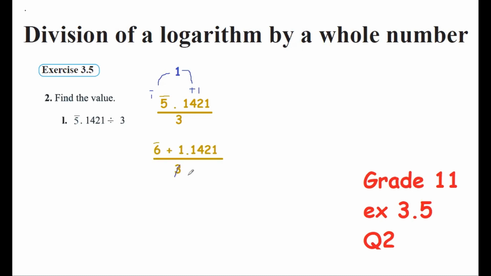3 has 1, and bar 6 has bar 2. How many 2s are in 6? There will be 2, so it's bar 2 plus, 1 doesn't have it, so it's a 0, and the decimal point goes straight up. 11 has how many 3s? There will be 3. 3 times 3 is 9 and the 2 remains.